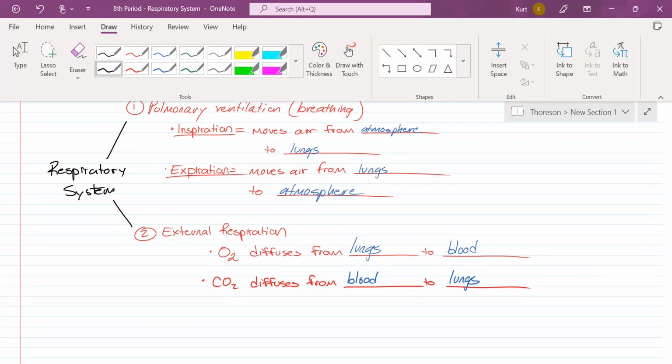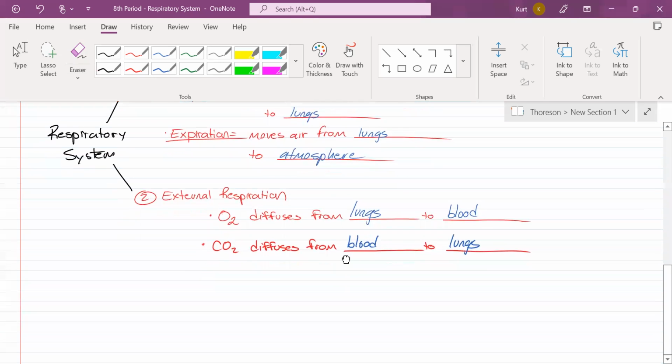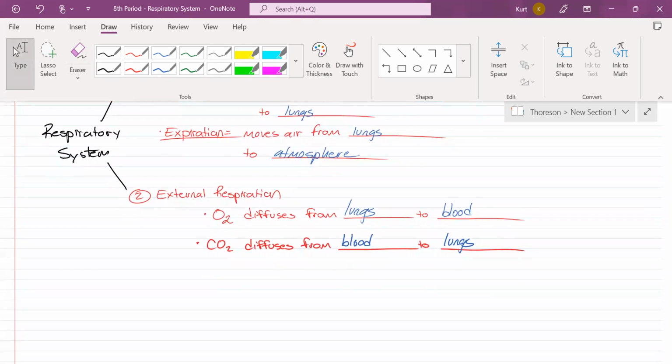But if the respiratory system can only handle steps 1 and 2, this is a 4-step process. What system handles the other 2 steps? Hint, hint, we're talking about blood, cardiovascular. Your respiratory system cannot work without your cardiovascular, just like your skeletal system cannot work without your muscles.